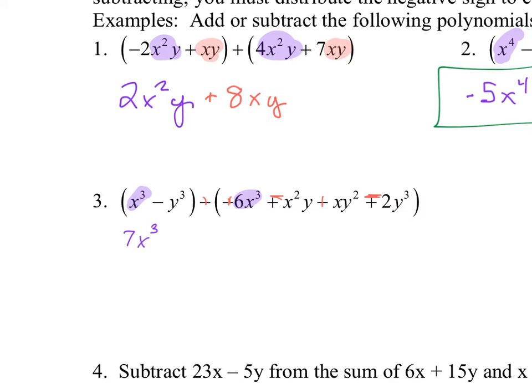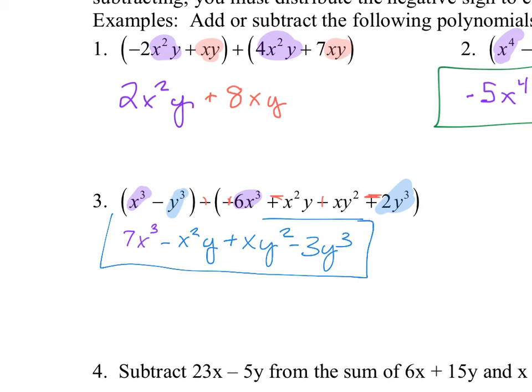I have a y cubed and a y cubed. Everything else in between can't be added, so I can simply rewrite these three: minus x squared y plus xy squared. And now I'm down to the minus 1 and minus 2, so a minus 3y cubed. That would be my final answer because none of those can be combined.